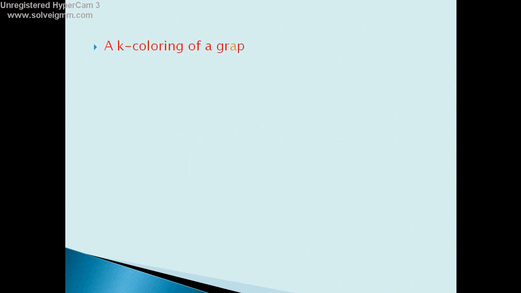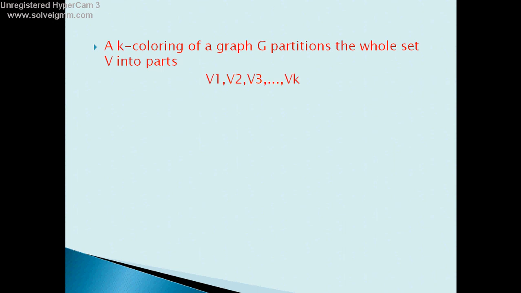A k-coloring of graph G partitions the whole set V into parts V1, V2 up to Vk, where each Vi is an independent set. By independent set, we mean that no pair of vertices is adjacent.